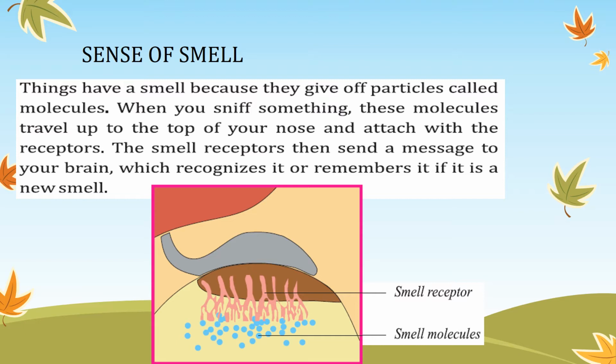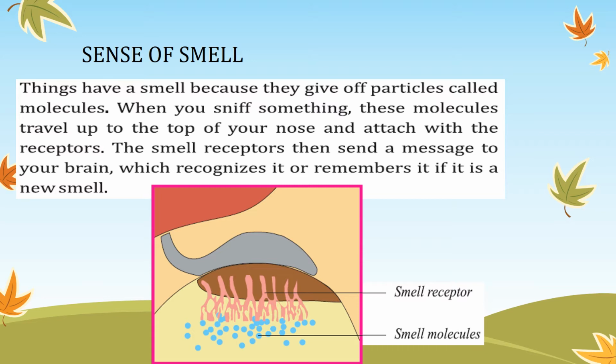You can see the small receptors present at the top of our nose. These receptors detect the molecules given off by a substance, receive the smell, and send the message to the brain.